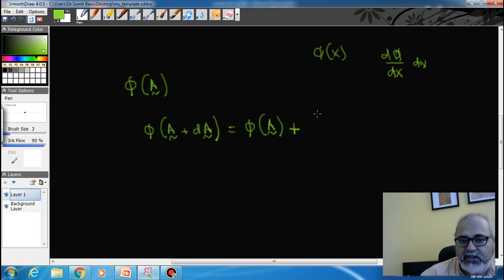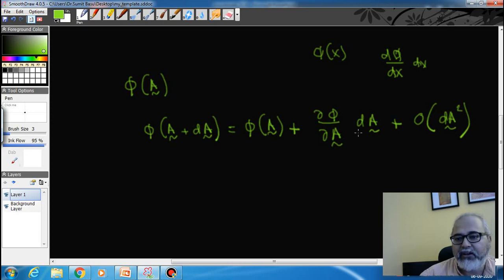So here I will have, let's say, del phi del A and dA as the first term, and then I will have terms of the order dA square, which we will not talk about right at this moment because we are interested in the first derivative here. Remember, the first derivative comes in the term that is linear in dA, just like here the first derivative came in the term that was linear in dx.